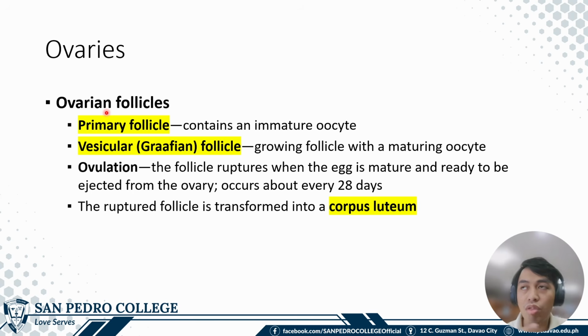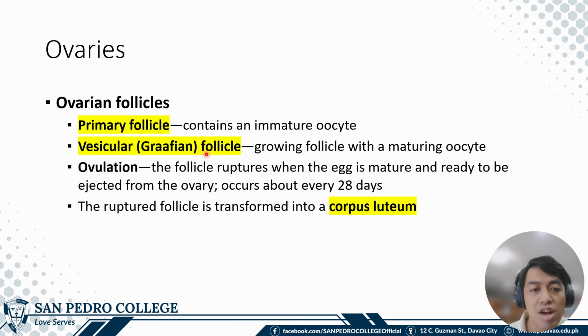But as you course through the ovarian cycle, the primary follicle will develop to become the Graafian follicle, which now contains your mature oocyte. Then, at the middle of the menstrual cycle, the Graafian follicle will release the egg cell in a process called ovulation.